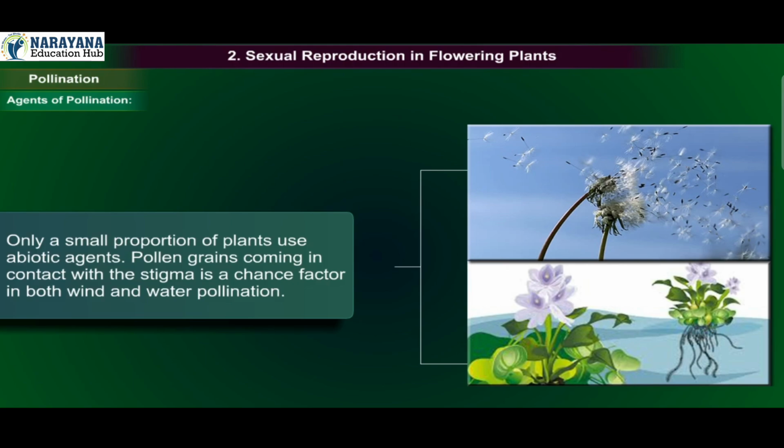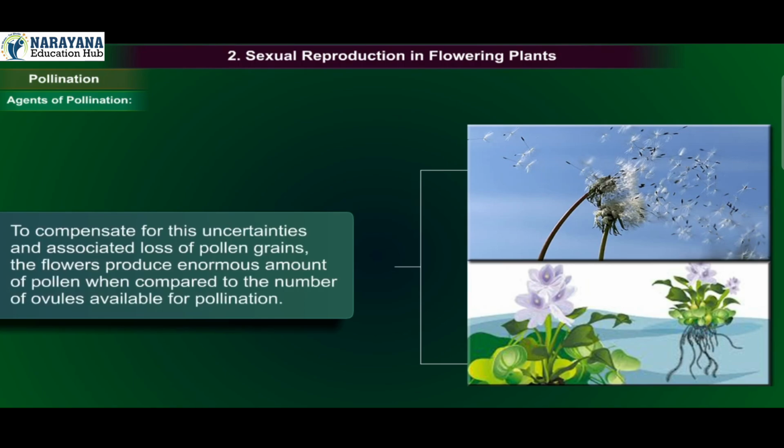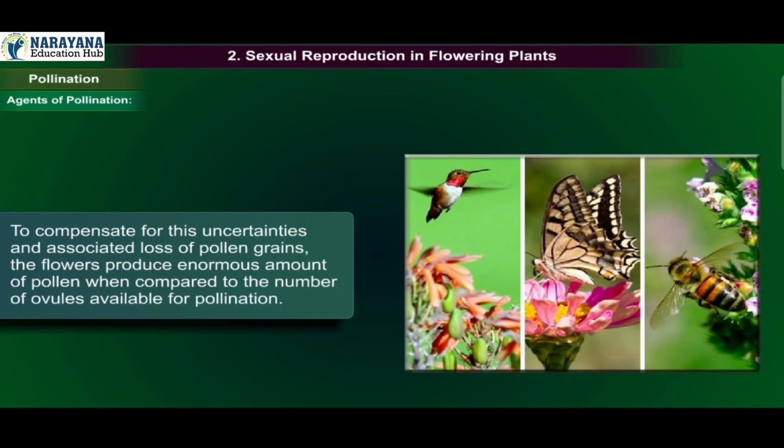Pollen grains coming in contact with the stigma is a chance factor in both wind and water pollination. To compensate for these uncertainties and associated loss of pollen grains, the flowers produce enormous amounts of pollen when compared to the number of ovules available for pollination.